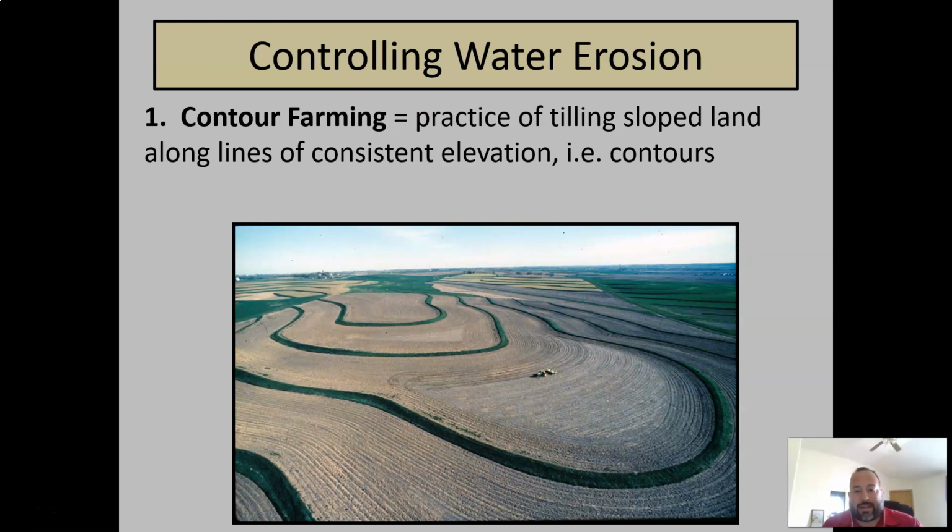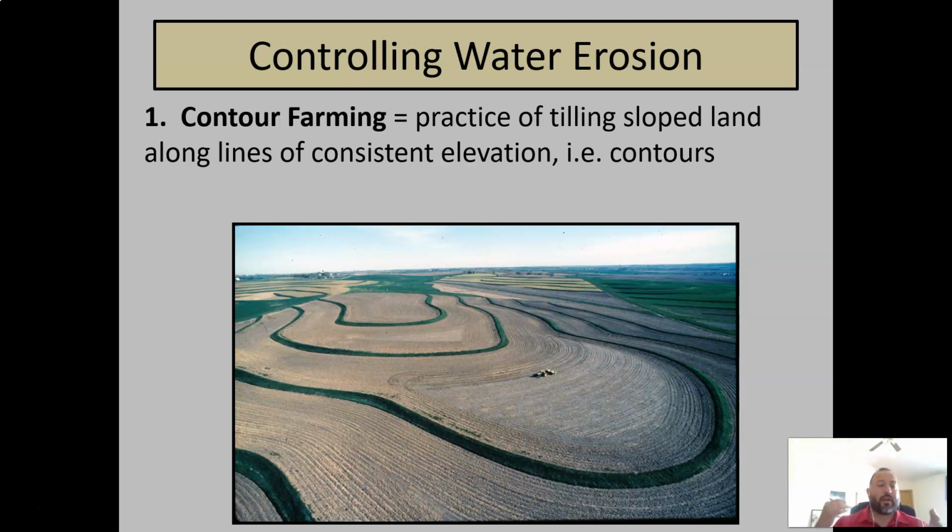So the idea is that you want to think about the natural contours or the different elevations that your property is at, and just farm your crops along those natural contours so that you don't have these problems with water erosion. Because one of the big things you always want to think about with water erosion as opposed to wind erosion is that gravity plays a huge part in water erosion.